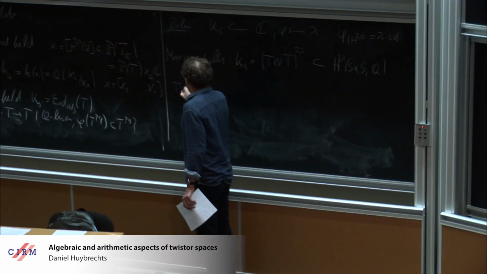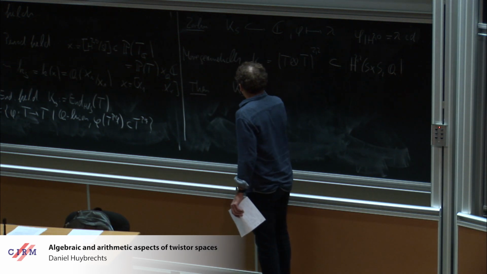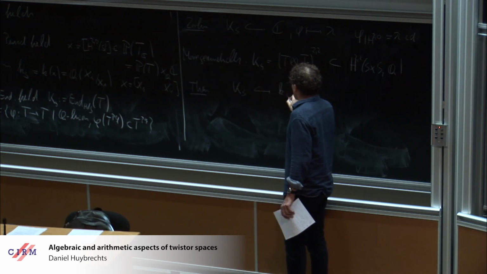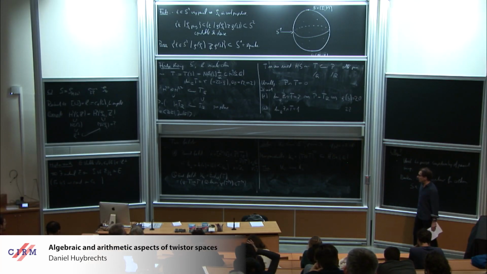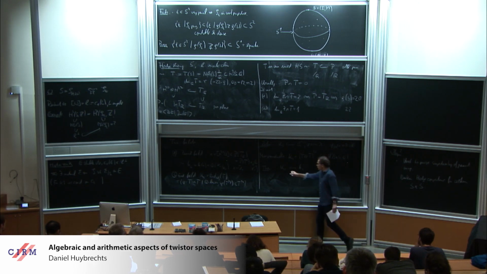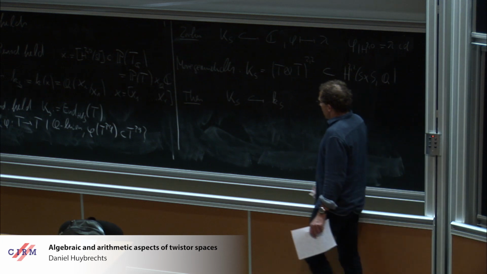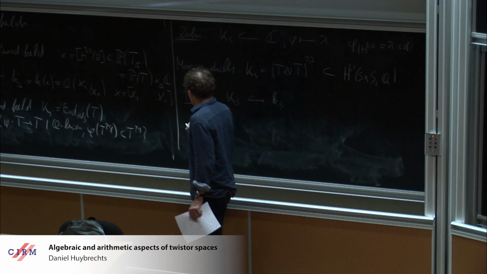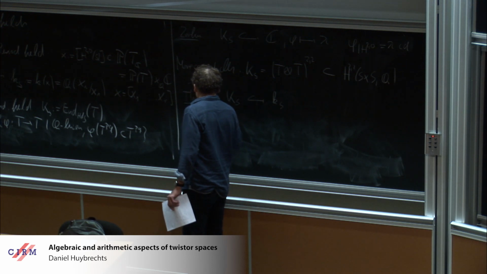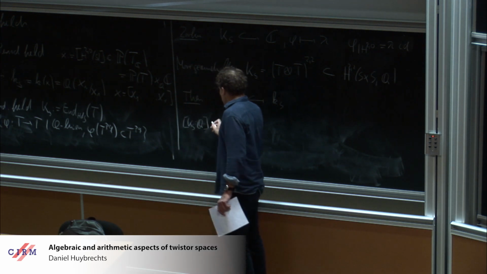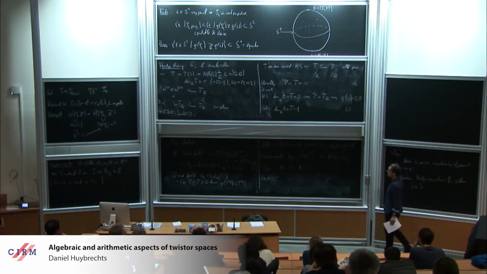Then you can prove the following. First of all, the endomorphism field always sits in the period field. So both are naturally subfields of C, so you can compare them. For the endomorphism field, you can say more, namely, again this is Zarhin, its degree is always bounded from above by the dimension of the transcendental part.